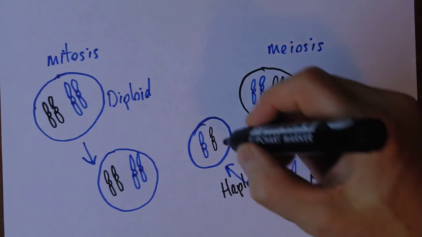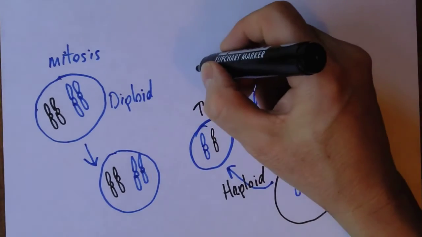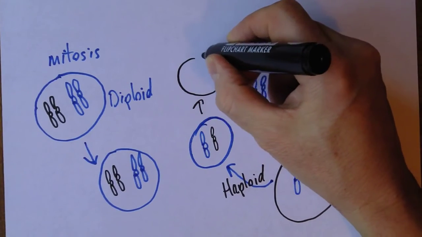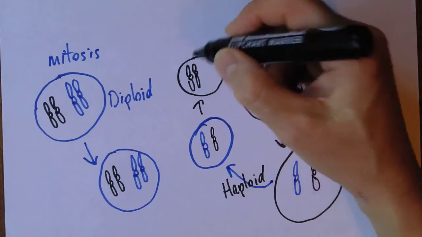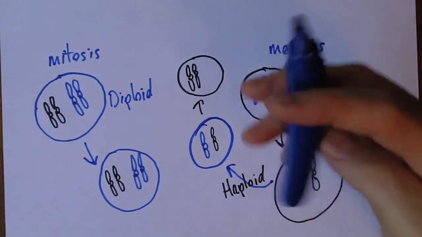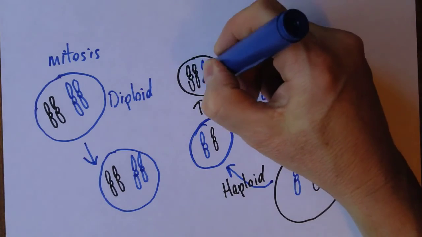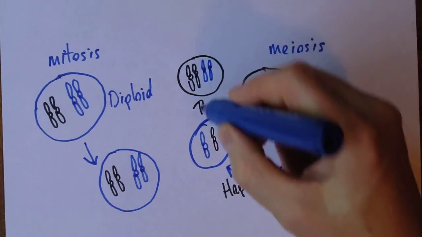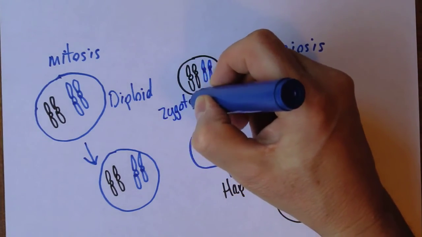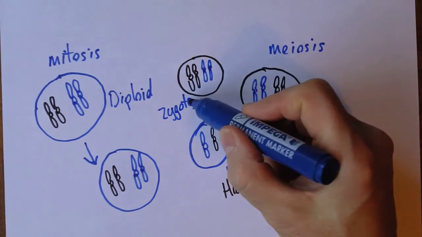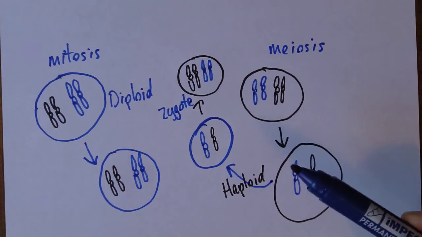And I think you can see when these combine, we're going to end up with a new diploid cell with 23 pairs of chromosomes again. And this will be a new zygote, which will go on to divide to form the body of the next generation.